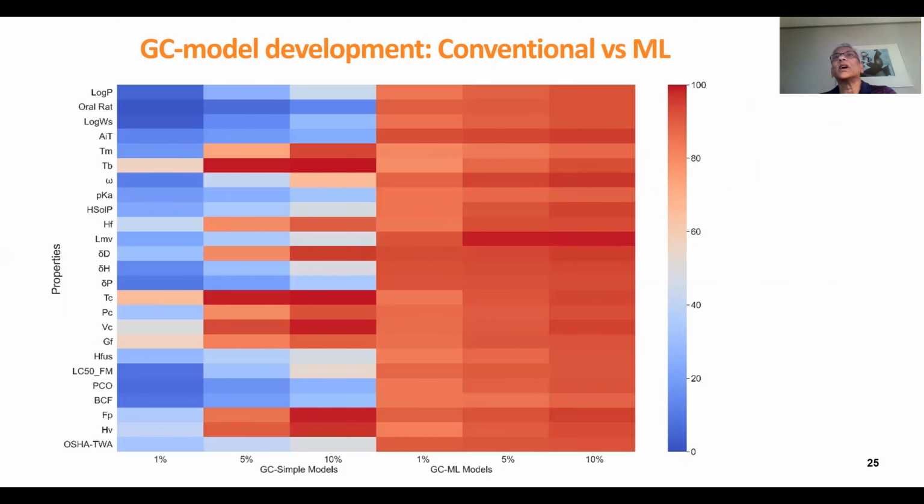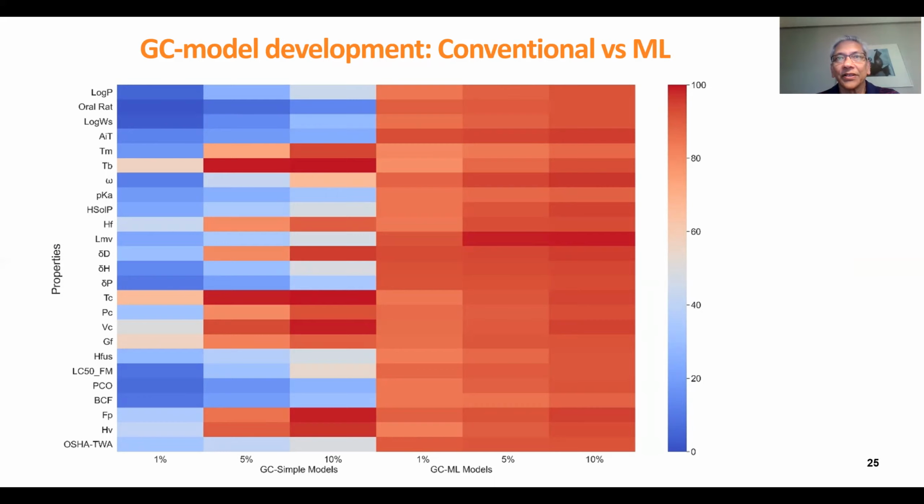The use of machine learning, here is an example coming from a recent work that I've been involved with. The red part is the performance of the model developed, that is the parameters developed from machine learning, and the blue part on the left is developed, the parameters developed from conventional regression methods.